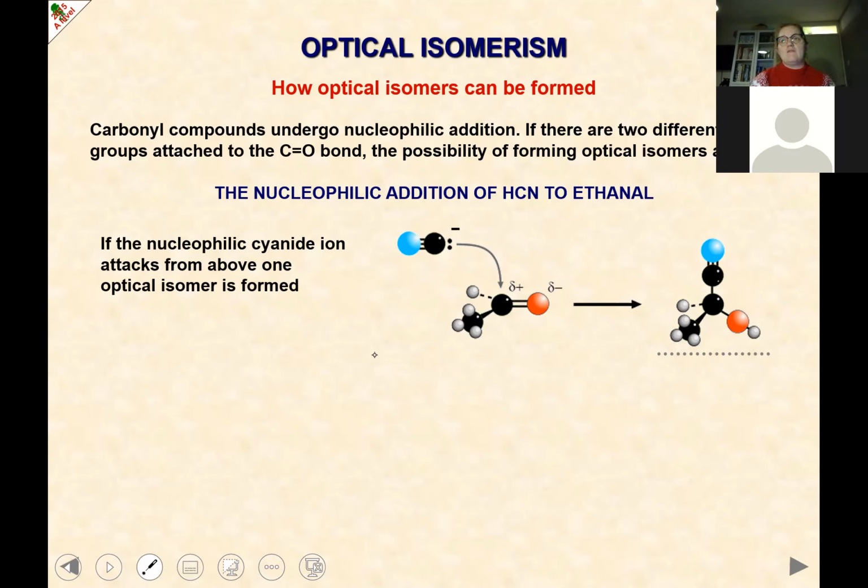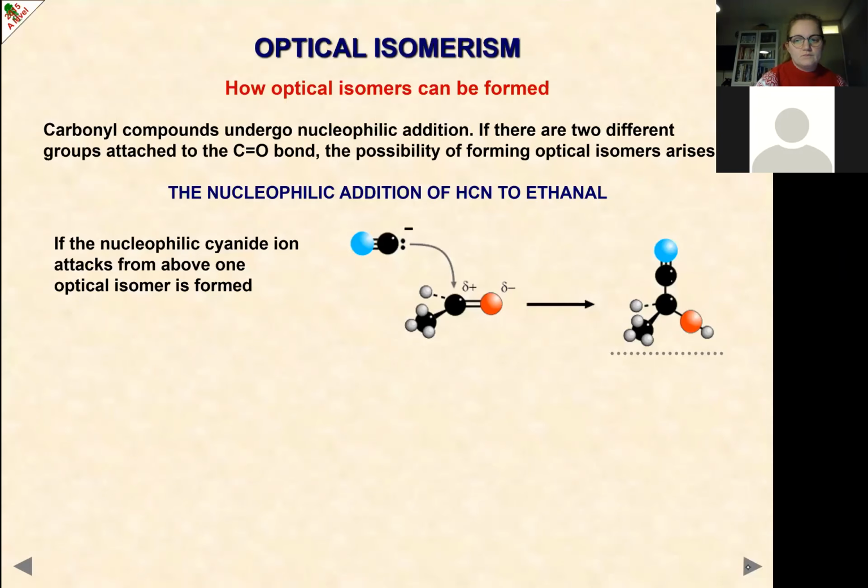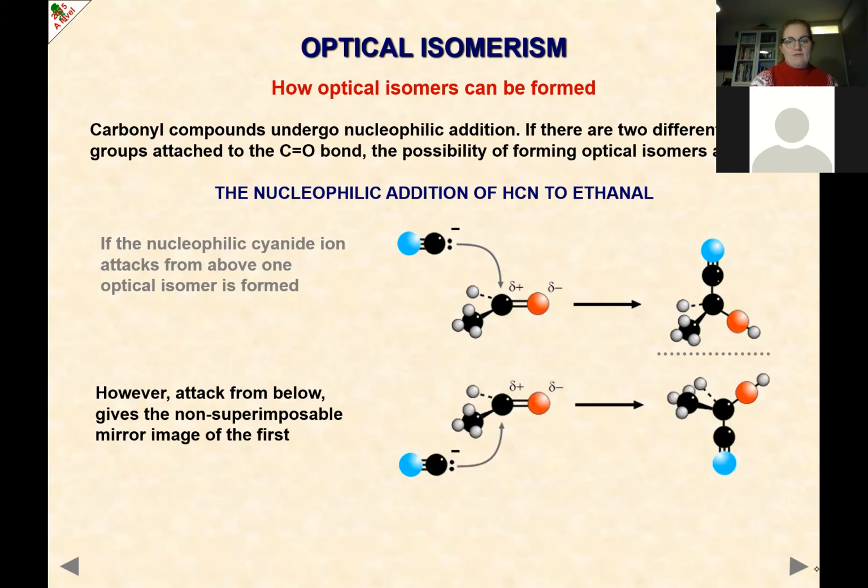The optical isomer formed depends on which direction the ion attacks from. However, if instead it attacked from the bottom, this gives a non-superimposable mirror image of the first. So that's our two optical isomers formed. We've got two different mirror images, and they're non-superimposable. It all depends on the direction of attack which isomer we get.